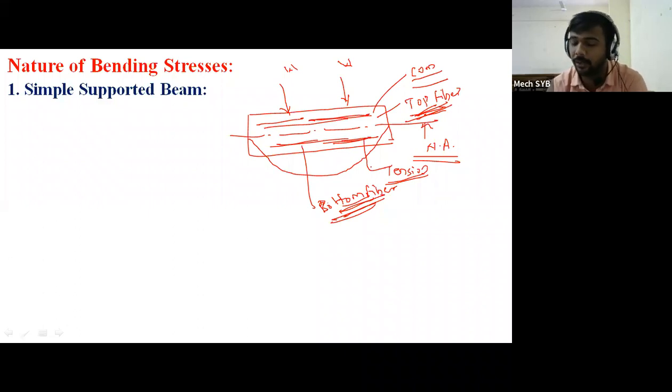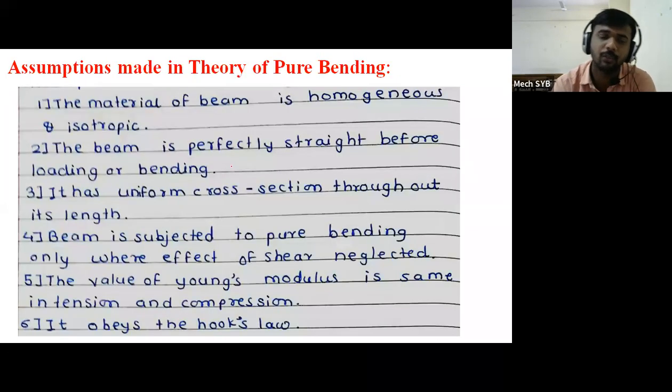Also we had a little introduction about the bending stress distribution diagram, and through this diagram we observed the bending stress is always maximum at the top side and the bottom side, and it is equal to 0 at the neutral axis, or center of the beam. Please keep in mind the bending stress is always 0 at the center point, but maximum at the top side and the bottom side, and it is applicable for both simply supported and cantilever beams. So this we have discussed.